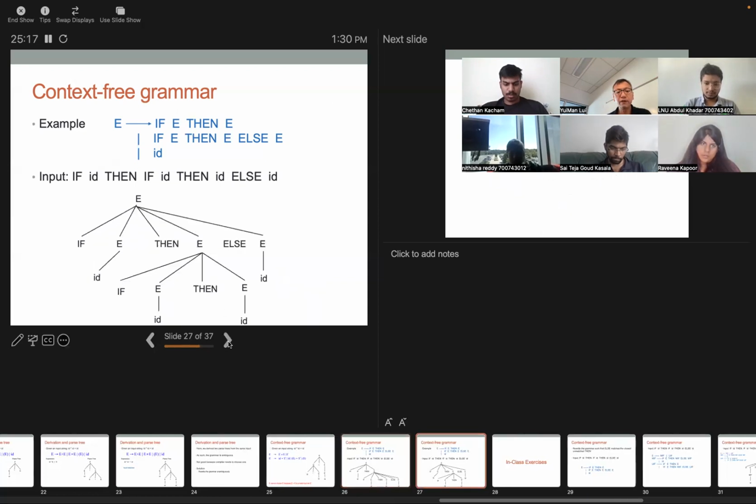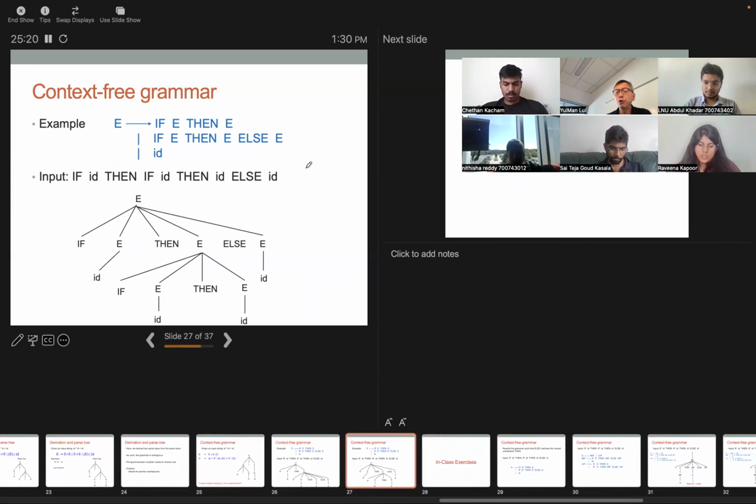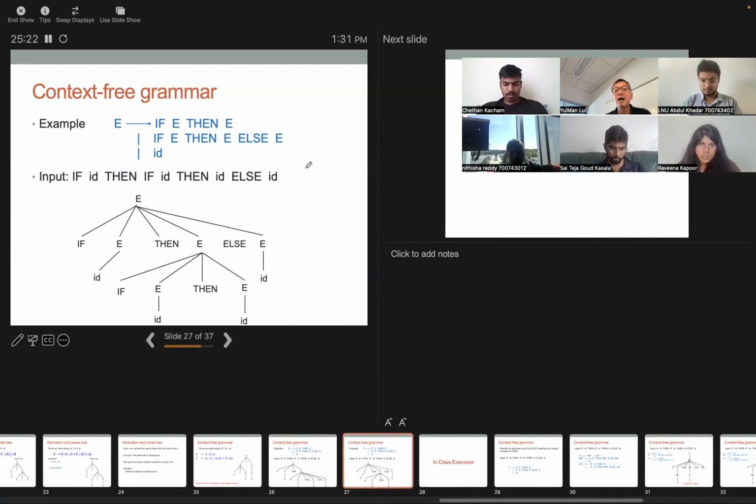Alternatively, I can also choose if E then E else E first. Choose the second one first, okay? Then I'm going to replace the first E by ID and the second E by the first production rule, if E then E. Then I'll replace all the E by ID, which also matches if ID then if ID then ID else ID.